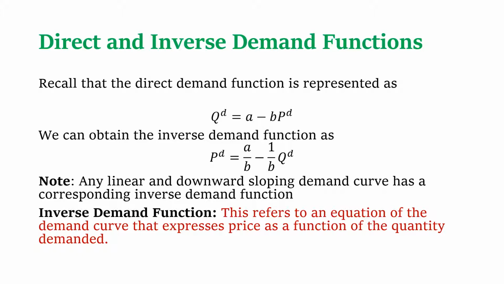So all you need to do is to transform that direct demand function to an inverse demand function, and then use that inverse demand function, which is the price, to obtain the revenue, because price times quantity equals the revenue, okay? So that is what you need to do for all demand functions.